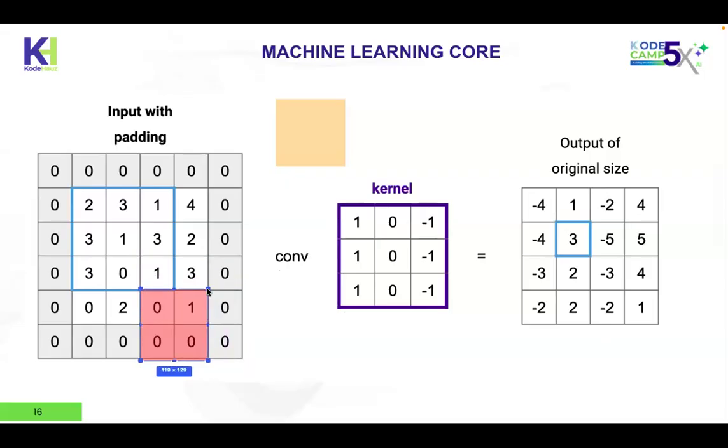If I were using a smaller kernel, so now I'm using a 2 by 2 kernel, you'll see that with a stride of 1, I can now do 1, 2, 3, 4, 5. So I'm now doing a 5 by 5 output rather than a 4 by 4 output. I'll go down here, 1, 2, 3, 4, 5.